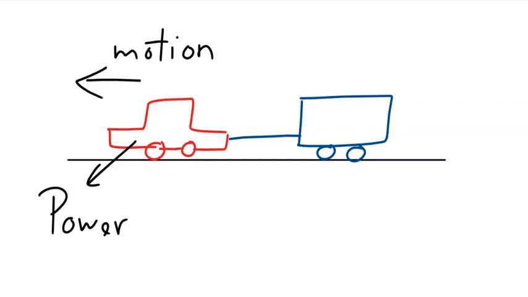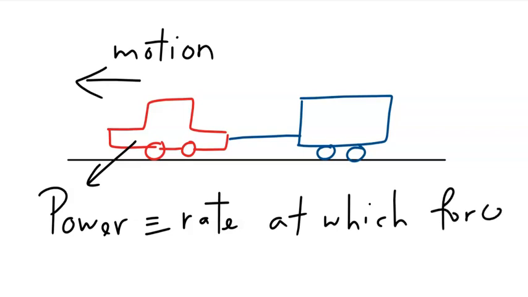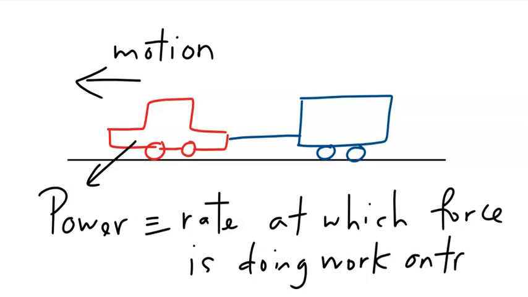So the power due to the truck's applied force on the trailer is the rate at which the force is doing work on the trailer. So you see the connection, the close connection between power and work, as power being the rate work is being done on a given object.